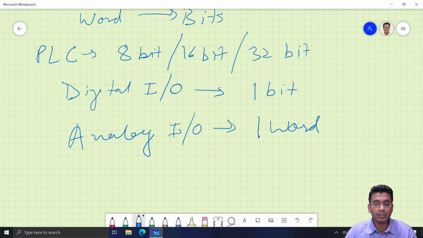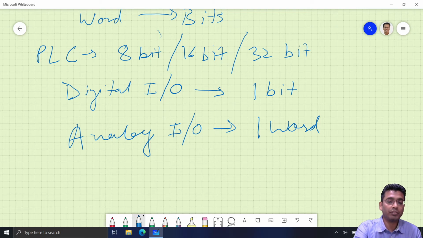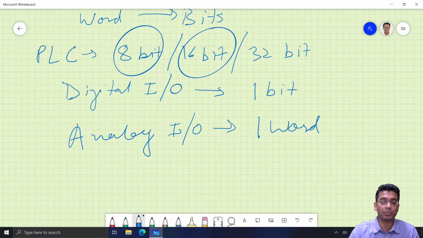Now, 1 word is equal to the bit size of the PLC that you are using. If you are using an 8-bit PLC, then 1 word will have 8 bits in it.